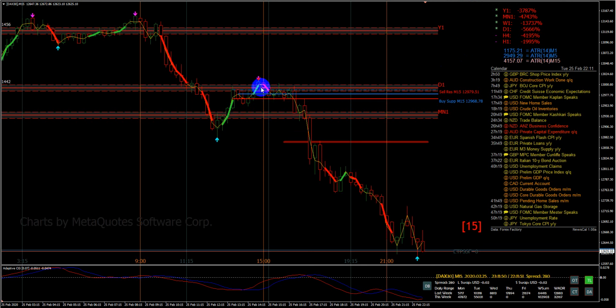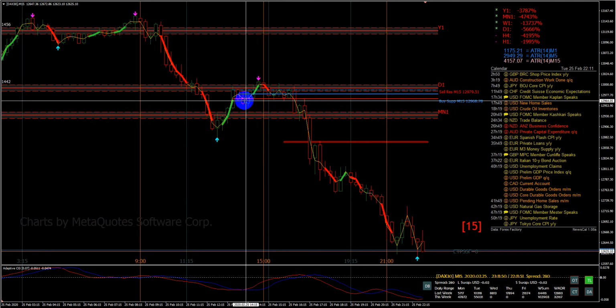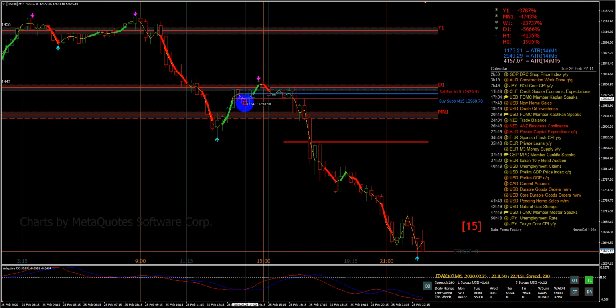So as we can see, a long trade would be after breaking that line. So basically, after breaking that zone. A short trade would be after breaking this zero line right there. So basically, we could have a potentially short trade from here to about there, which makes it about 25, 26 pips.